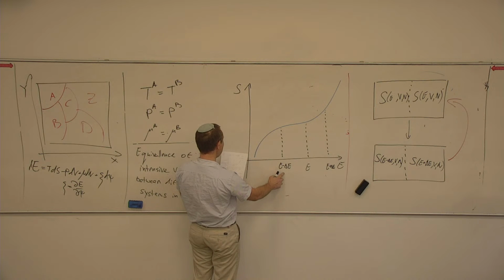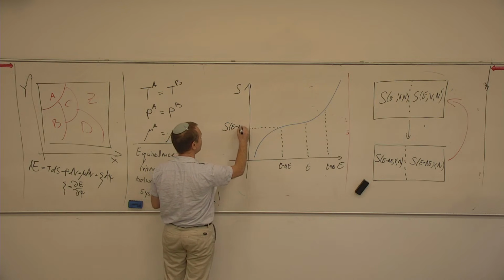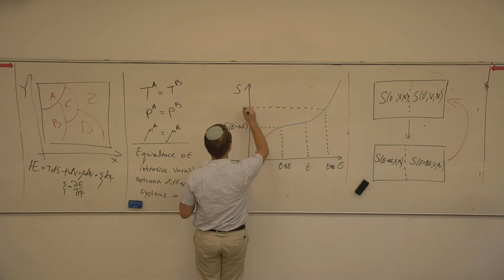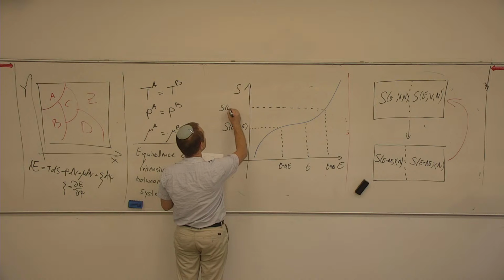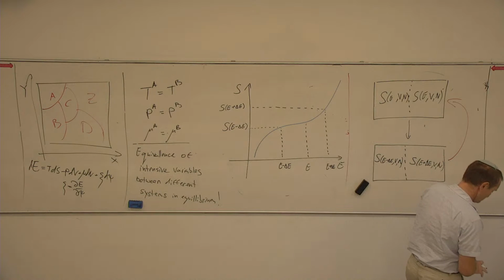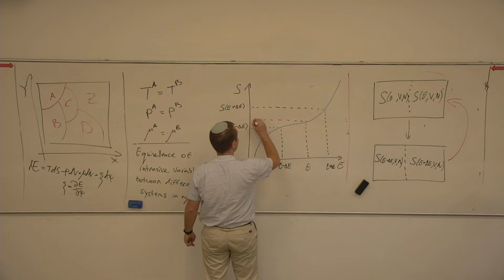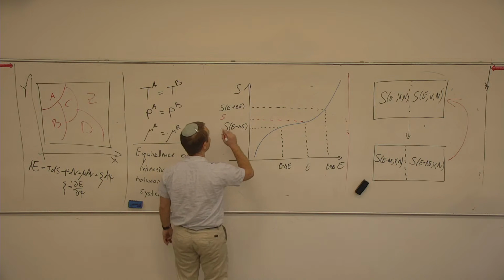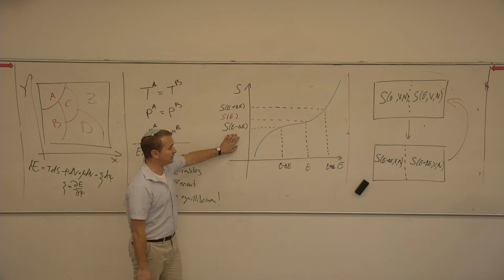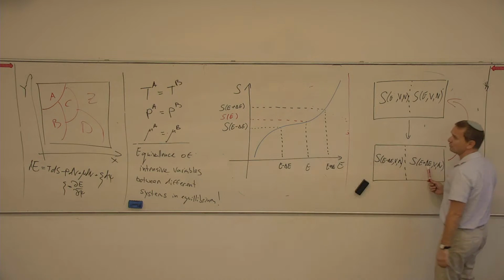Now, for E minus delta E, I have a very specific entropy, which is S of E minus delta E. For E plus delta E, I have another entropy, which is S of E plus delta E. And this guy over here is S of E. So this entropy is the entropy of the left-hand side. This entropy is the entropy of the right-hand side.